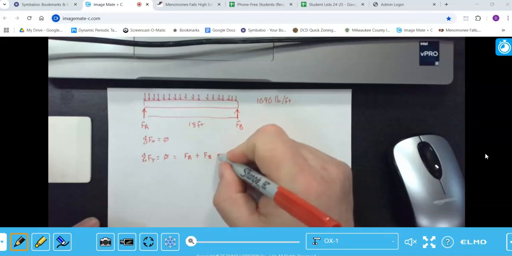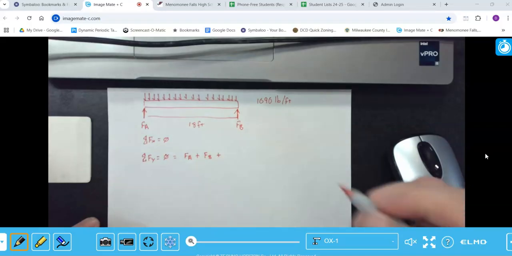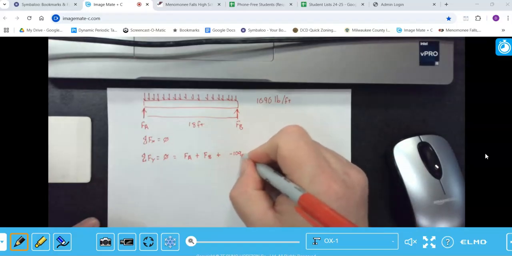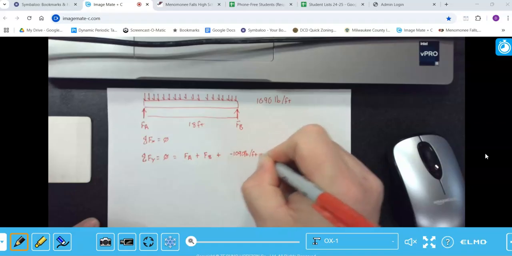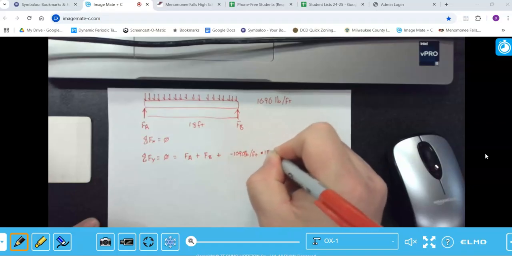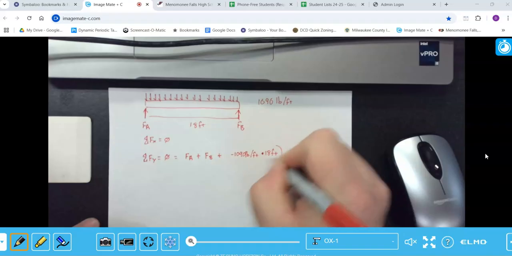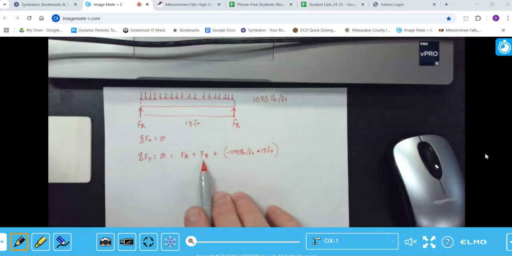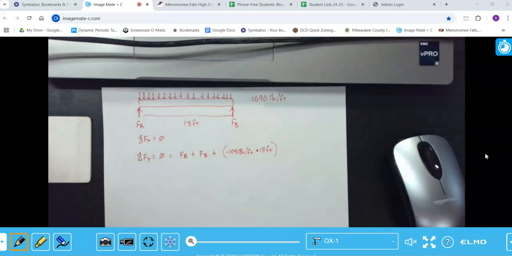So I'm actually going to go plus, and I'm going to take 1,090 pounds per foot times 18 feet, because that's going to give me the overall weight of the beam. Positive force, negative force, because all of those are acting down.